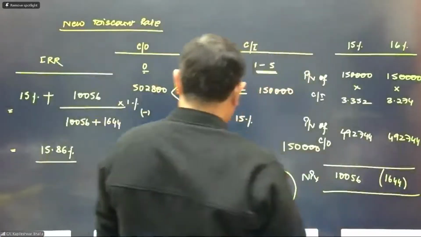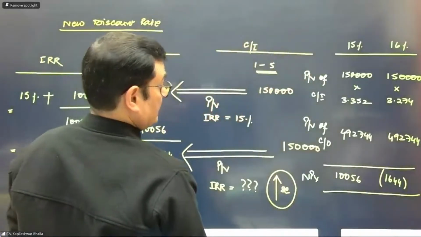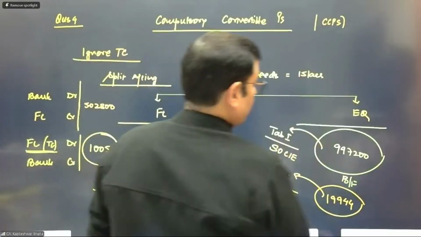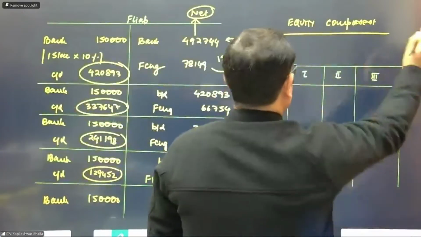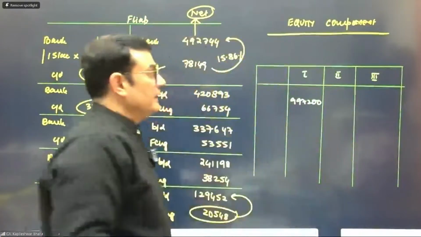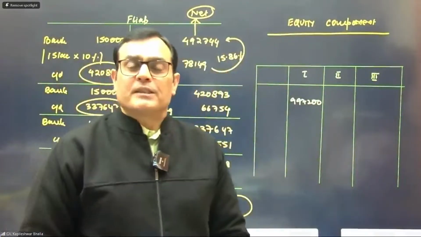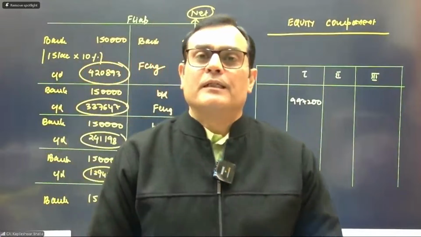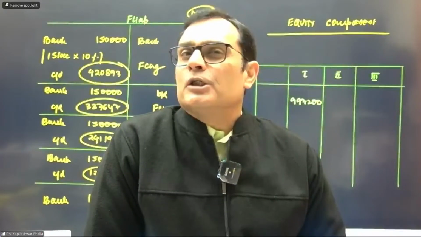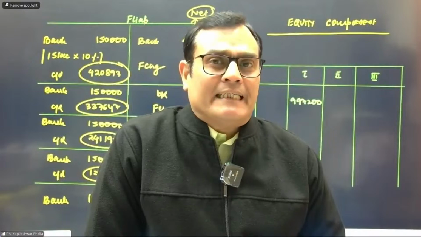My equity component is standing at, I guess, 997,200. Can I say, just like a partly convertible instrument, even a compulsory convertible instrument, you will issue shares at the end.